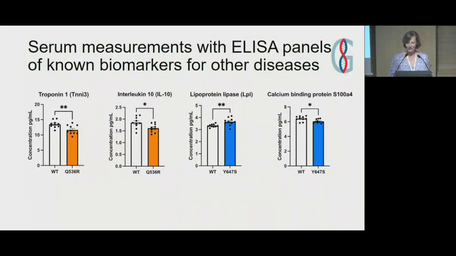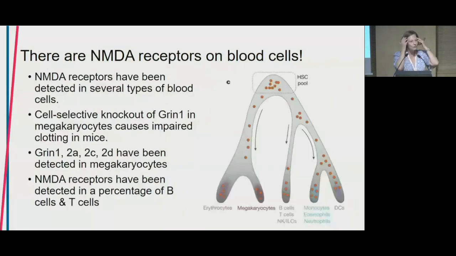Okay, so the other thing that we've been doing is to study the blood cells of these mice. We did this because there are low levels of NMDA receptors on different blood cells, which I think is not really fully appreciated. But there are actually many papers where they have detected the mRNAs for these different subunits, and also they've detected functional NMDA receptors using drugs that activate and inhibit those receptors.